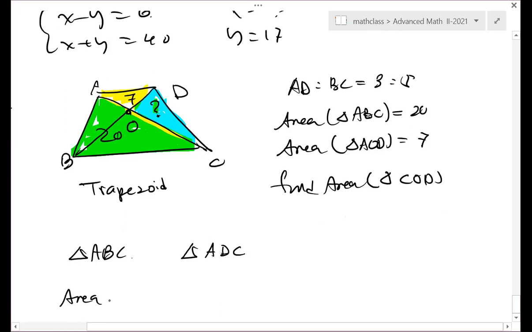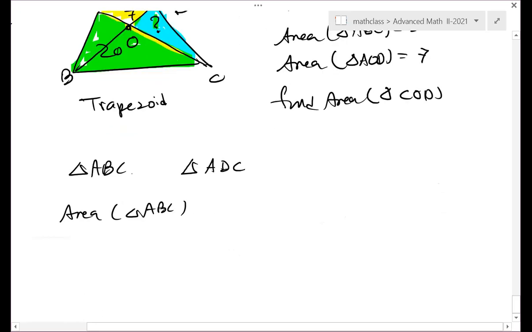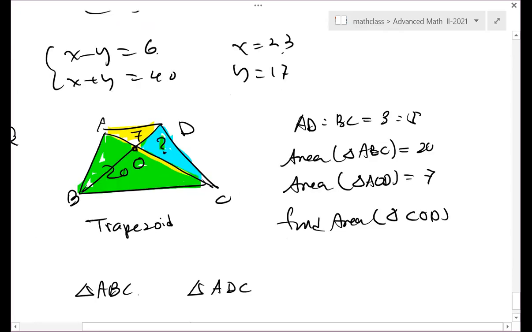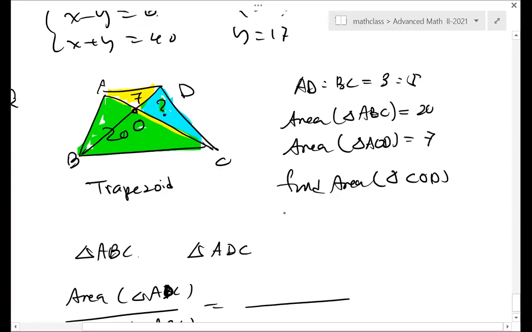So the area of the triangle ADC over the area of the triangle ABC is going to be the ratio. So their ratio is 3 to 5. Yes, 3 to 5.